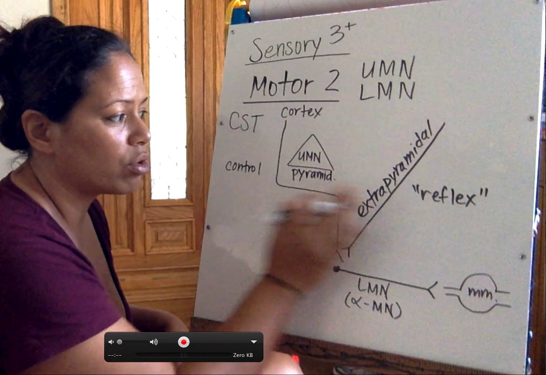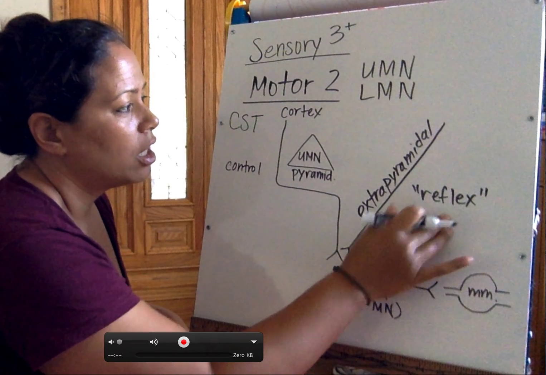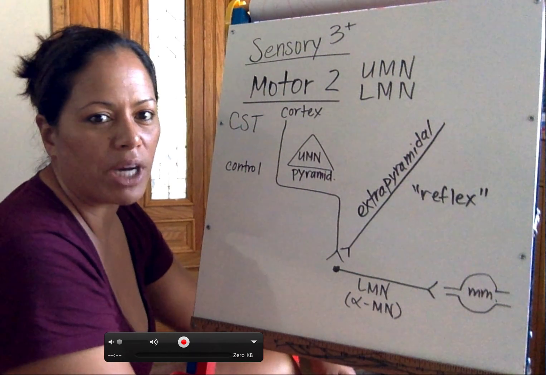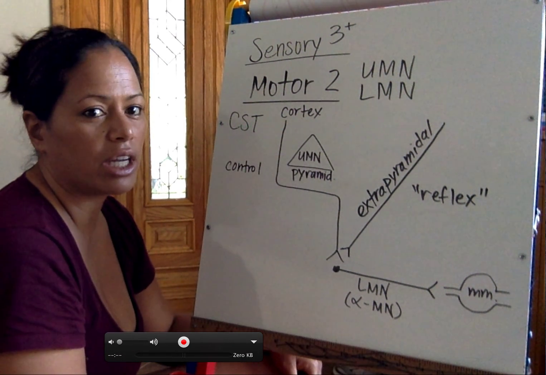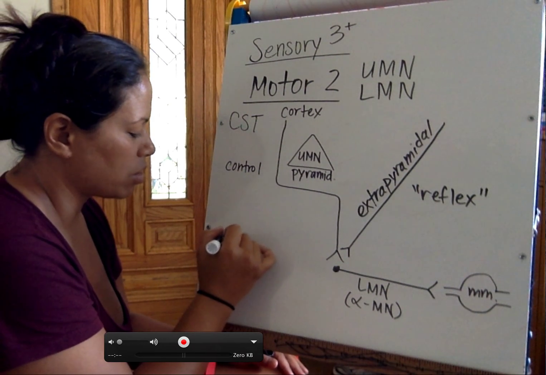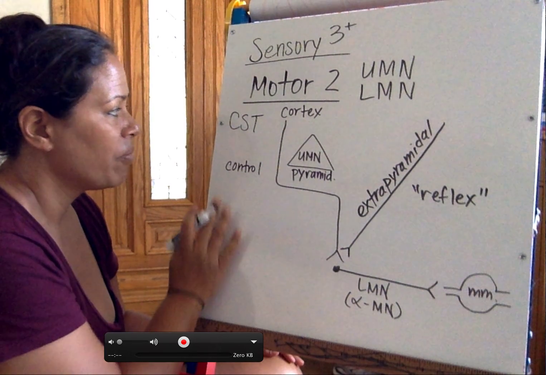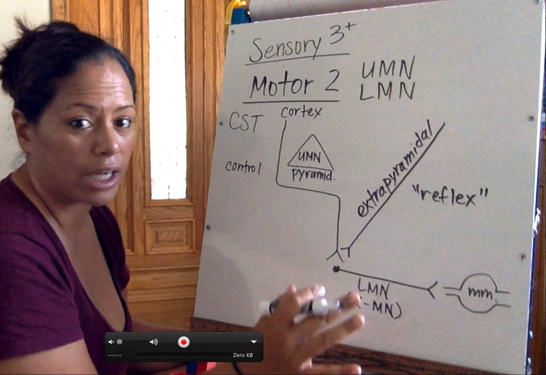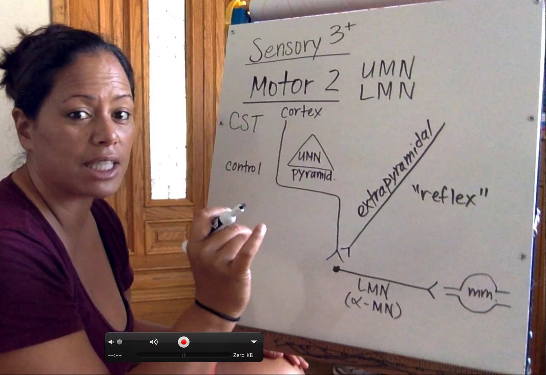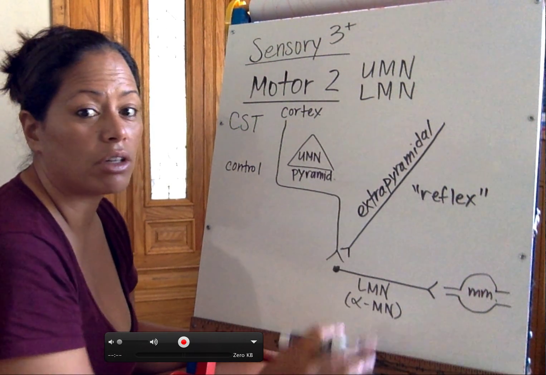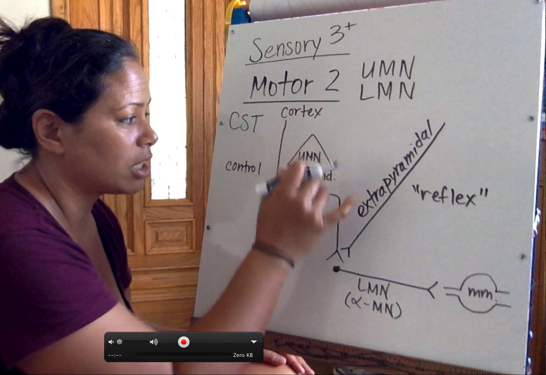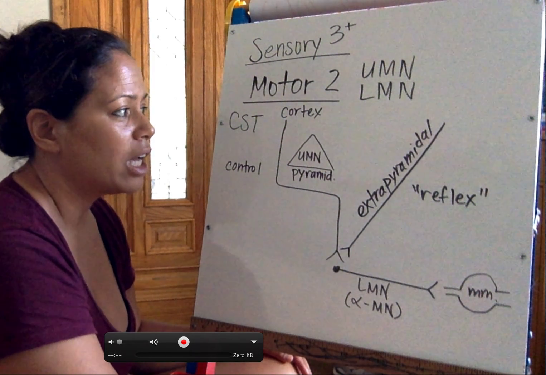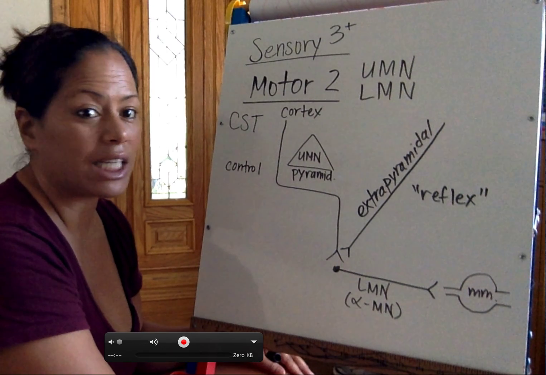So if I don't have control, then it must be something that's reflexive. These pathways, I can make up a whole bunch. If it is not cortical spinal, and it's not cortical bulbar, which we'll talk about later, it's extra. If it's extrapyramidal, it's a reflex. If it's outside the pyramid, it's a reflex, right? And what are the examples that we have? I can name anything.